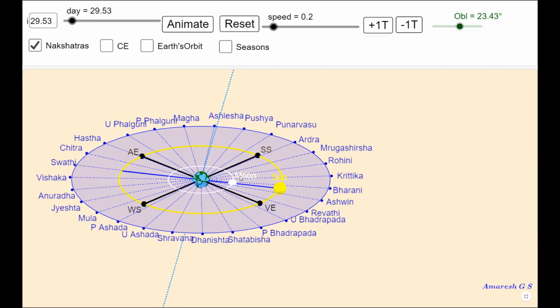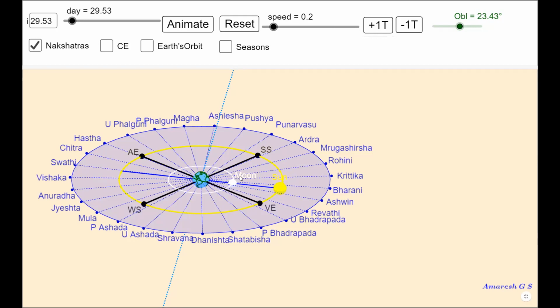In about one synodical lunar month, about 30 days, the sun goes through 30 degrees approximately. And remember, one nakshatra is approximately 13 degrees.